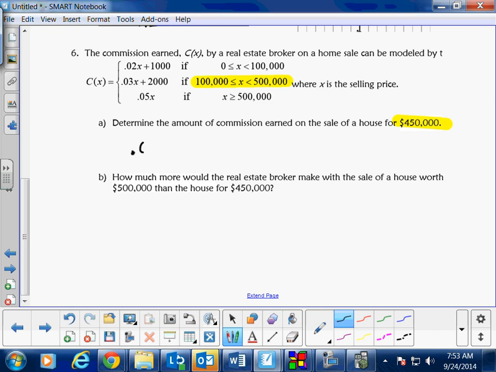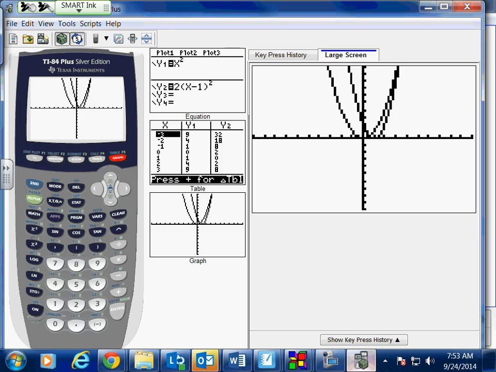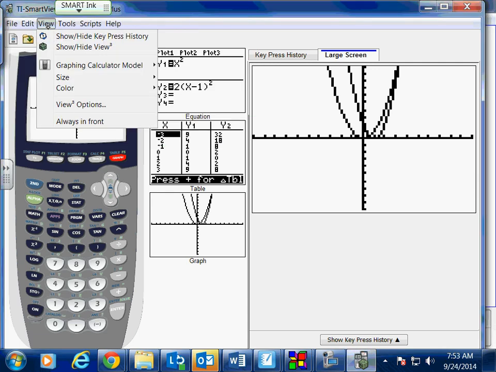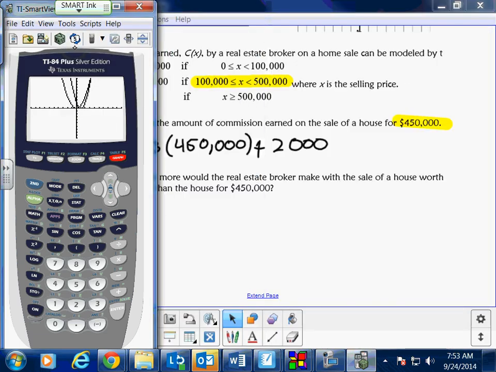So I have to figure out 0.03 times 450,000 plus 2,000. All you have to do is bring out a calculator and see what comes out. I have quite a few things here, so I'm going to reduce the view because I want to make sure I can see part of that board.